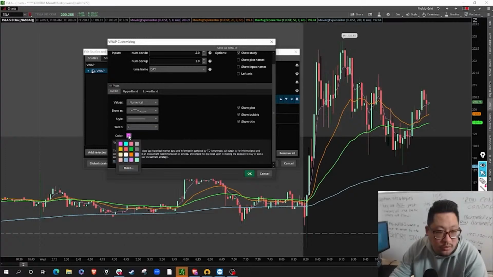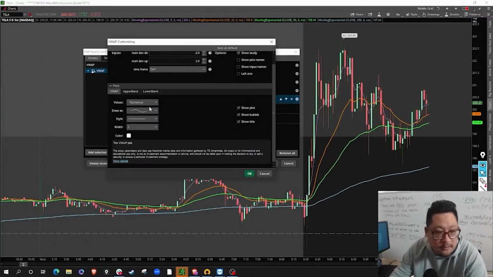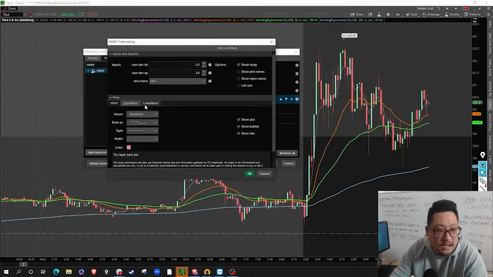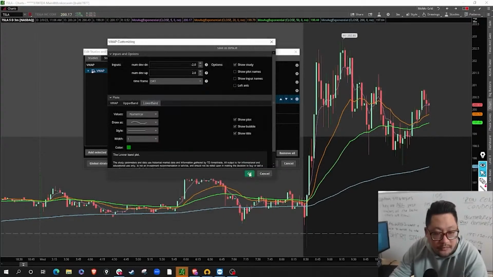So what I'm going to do is change the VWAP. Again, I'm going to change the width. And I'd like this to be a little bit easier to see. We'll just make it white so it stands out. And then the upper bands. So the upper band at the very top, I like it to be red. The lower band, I like it to be green. Now we'll do a little bit darker here.